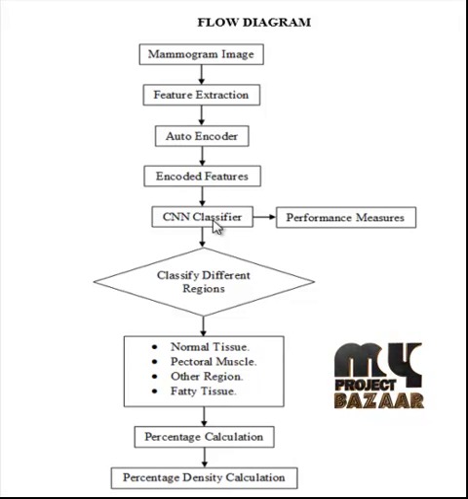The predicted values for each patch were fused, resulting in a final segmented image. From the different regions identified, we measure the percentage of each region that we have segmented. From this percentage, the density calculation is done and the overall percentage is measured.